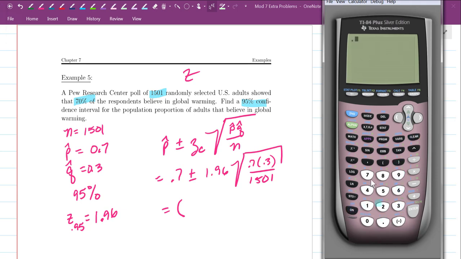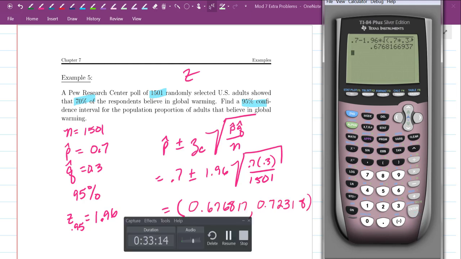So that's going to be 0.7 subtract 1.96 times the square root. I'm going to put this in parentheses. Don't have to, but it makes me feel more confident in the order of operations. I'm going to close that and hit enter. And so my lower boundary is 0.676816, but that 6 is going to round up to a 7.